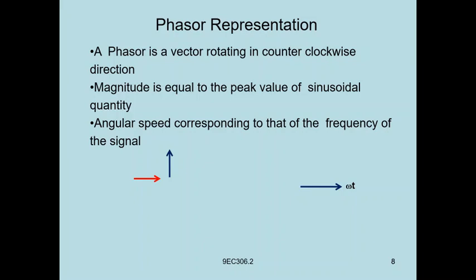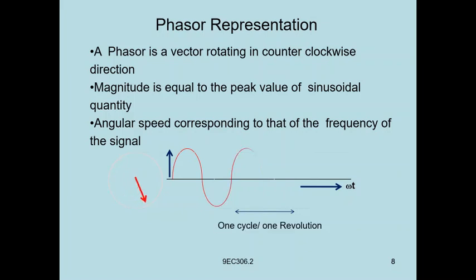See here, in this way it is moving. This is called phasor representation. For one complete cycle is one cycle. So this is the phasor representation for a sinusoidal cycle.